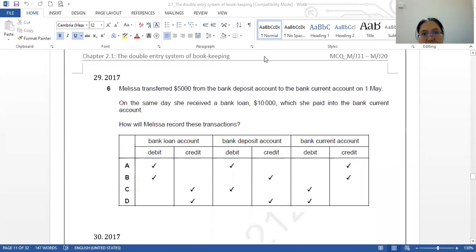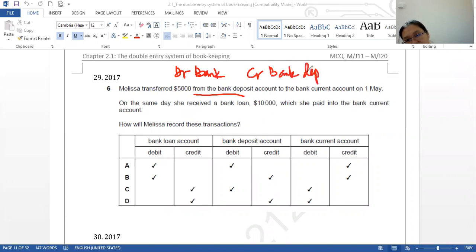Okay, 29. Melissa transferred 5,000 from the bank deposit to the bank account. So this one is a repeated question. Transfer from, so you will debit bank and credit bank deposit account.